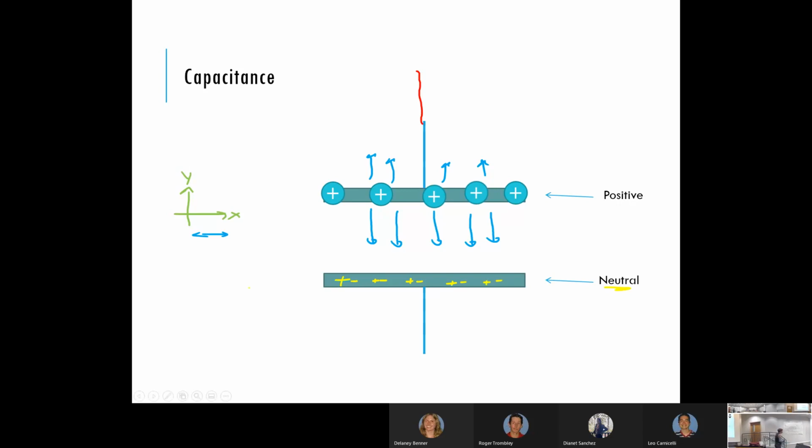What's now going to happen? I have this neutral plate that sees this electric field due to the top plate. What's going to happen to, say, this pair of charges?